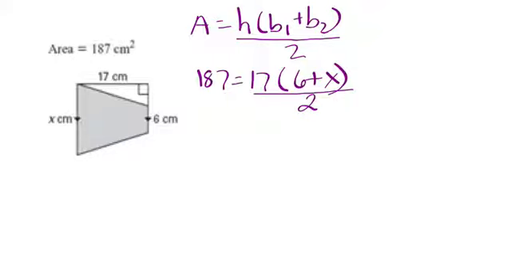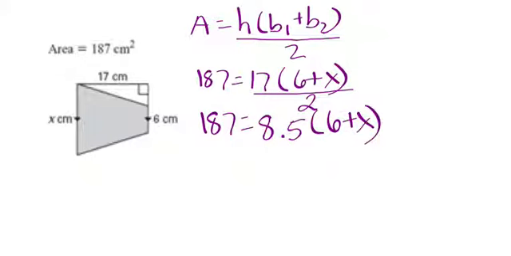One way is that we could multiply both sides by 2, or we could divide the 17 by 2 and go from there. So what I'm going to do is divide the 17 by 2 and go from there. So 187, 17 divided by 2 is 8.5. And then 6 plus x in the parentheses there.